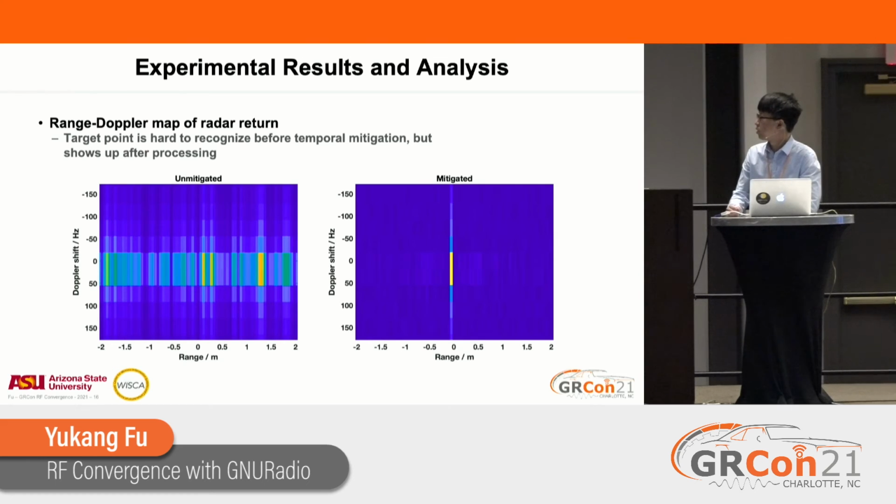Here the communication signal is removed. As we can see, the target point is very hard to recognize before temporal mitigation, but it can be easily seen after temporal mitigation.